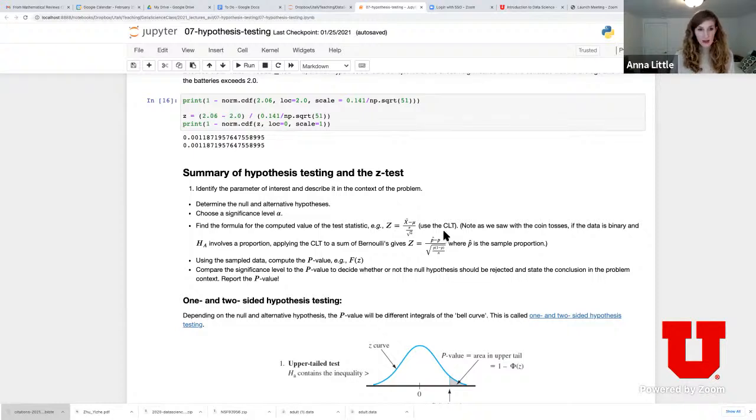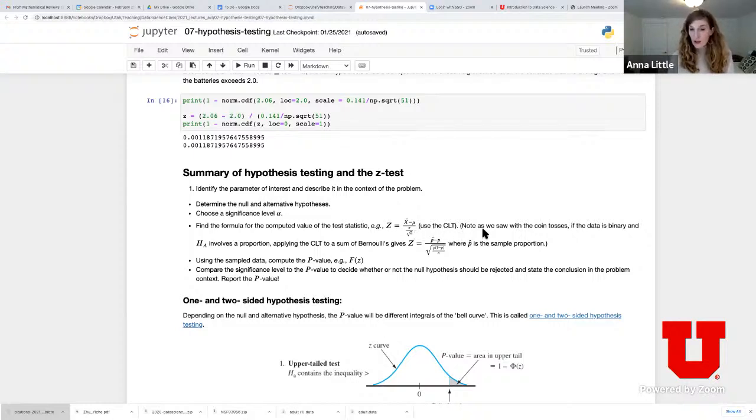Okay, so you can use the CLT for this. You compute your test statistic Z as the sample mean minus mu over sigma over the square root of n. This can be done whether your variable is quantitative or whether this is referring to the mean that you would expect from counts in a coin toss.